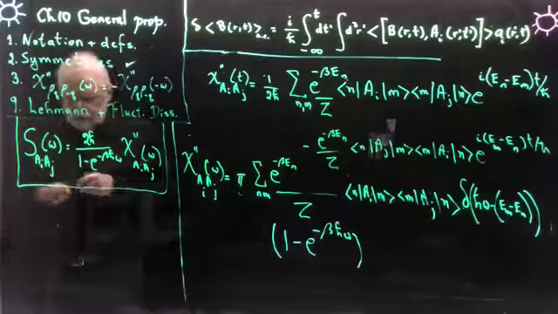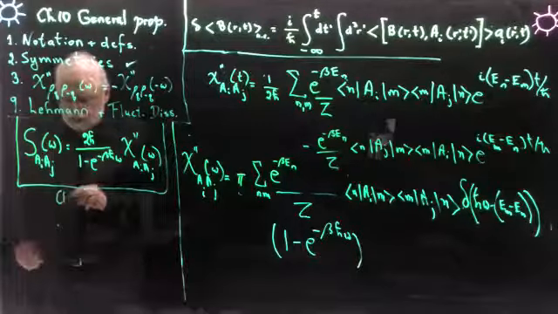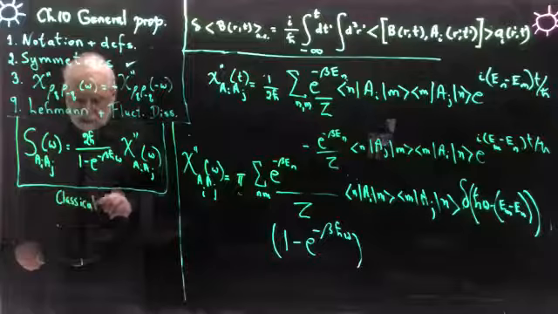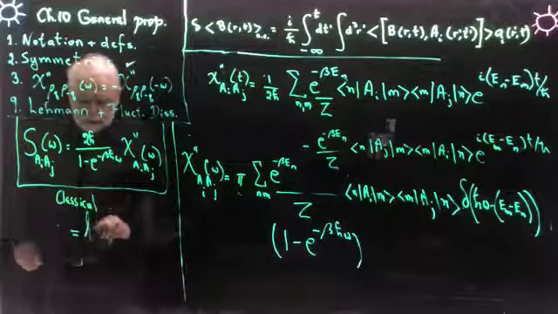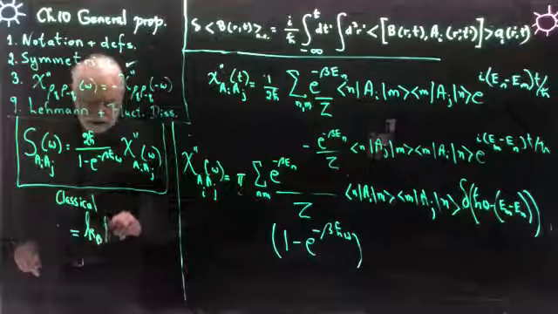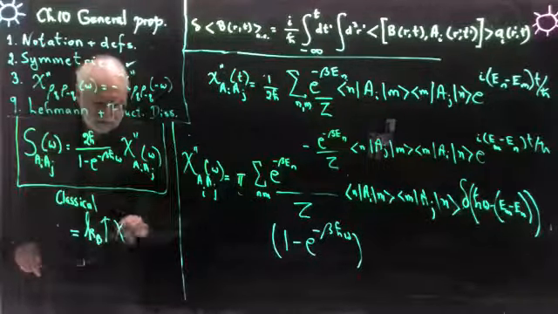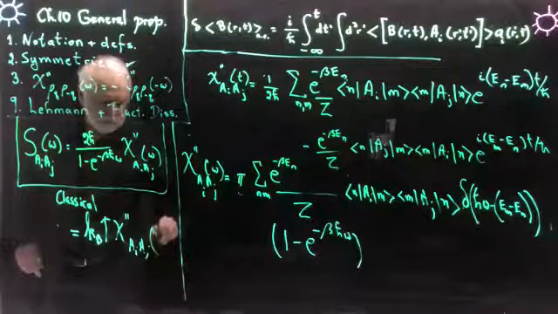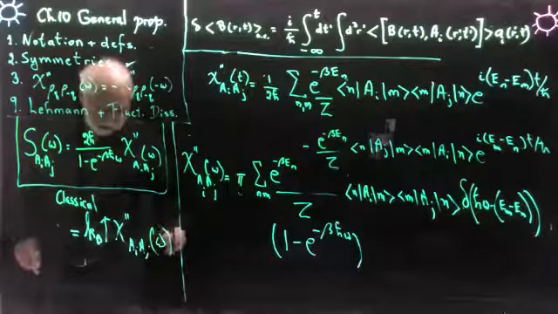And here in the classical limit, this becomes kBT times chi double prime of Ai Aj of omega.